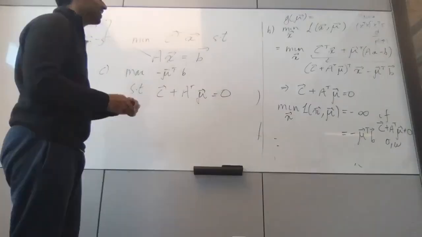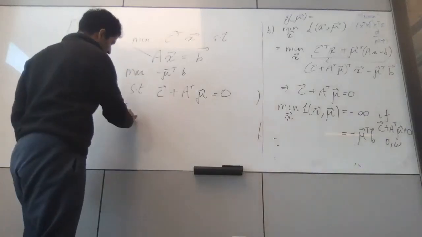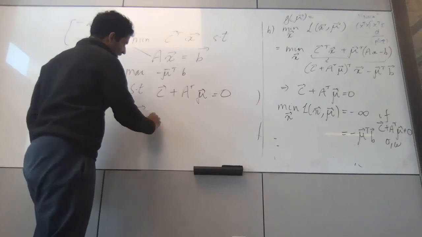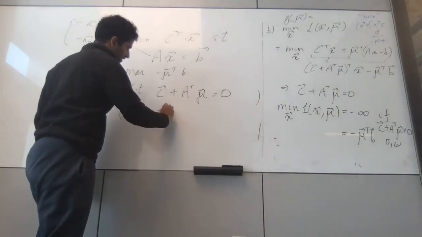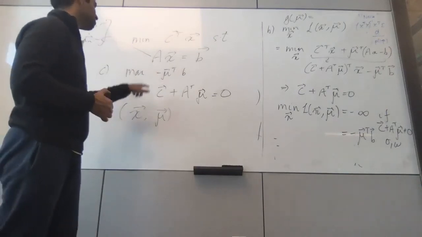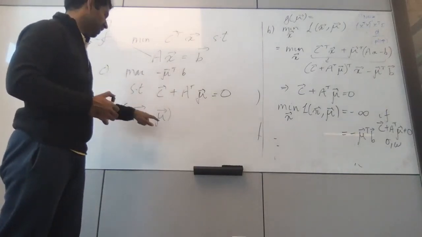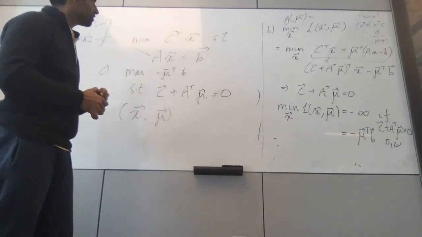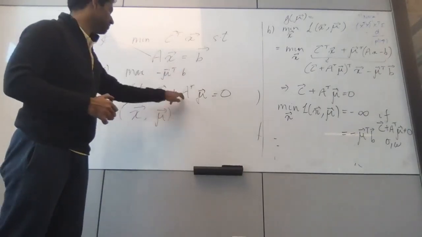For example, let's say you had an algorithm that always maintained a pair. So it maintained an x and it maintained a mu, right? And I always knew that x was feasible for the primal and mu was feasible for the dual. So x satisfied this and mu satisfied this.